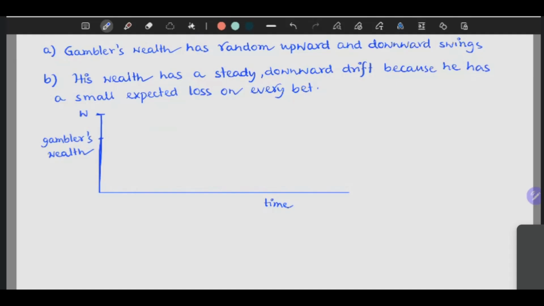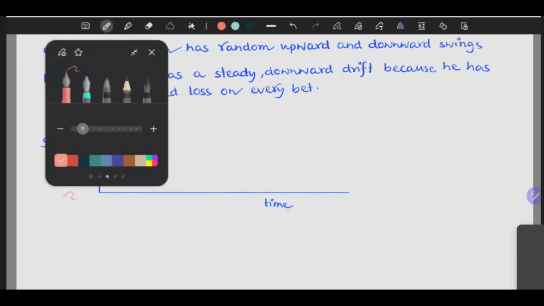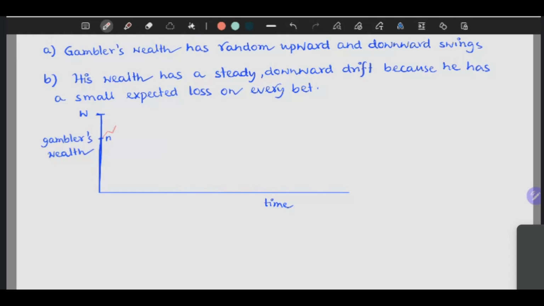So let's say it starts from here. Let's say this.